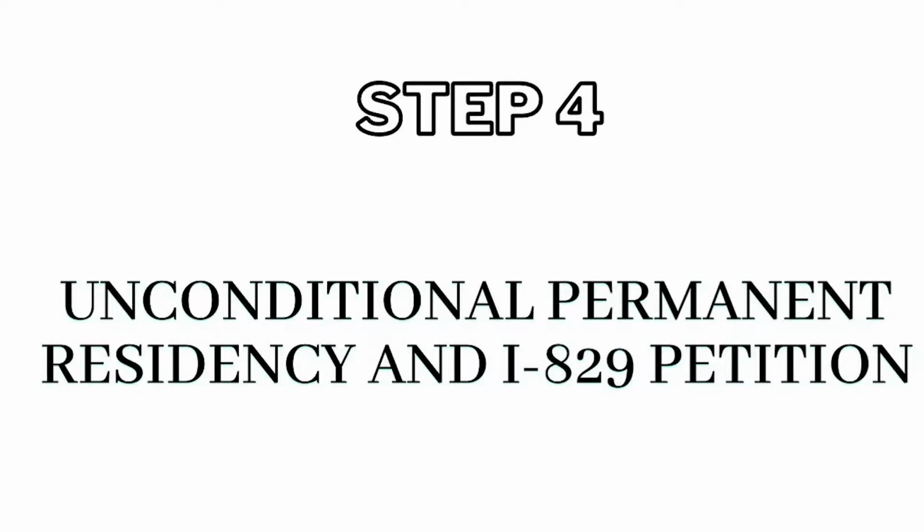Step 4. Unconditional permanent residency and the I-829 petition. The final step in the EB-5 visa process is for the applicants to become unconditional permanent residents by removing their 2-year conditional status. The I-829 petition is submitted to USCIS 90 days prior to the 2nd anniversary of the date that they first received their conditional residency.